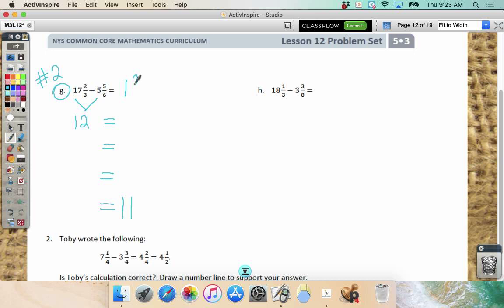So 2/3 minus 5/6. Okay, change it to an improper fraction. So 1 times 3 plus 2, 5/3 minus 5/6. It's option 2. So this needs to be the parentheses.